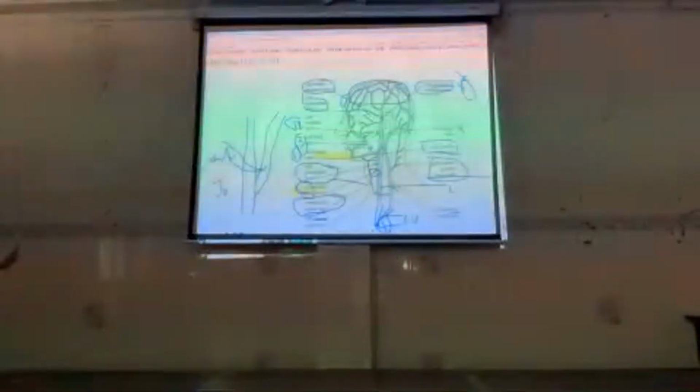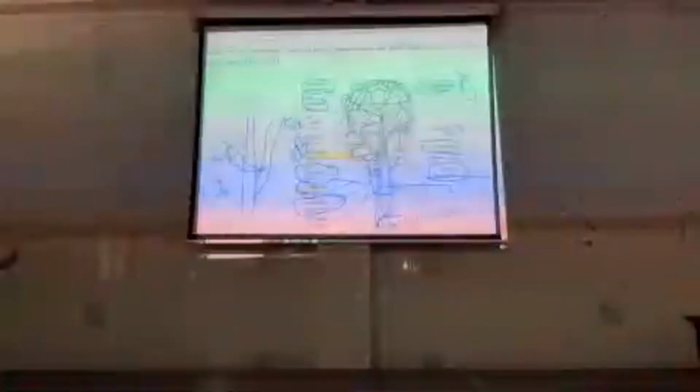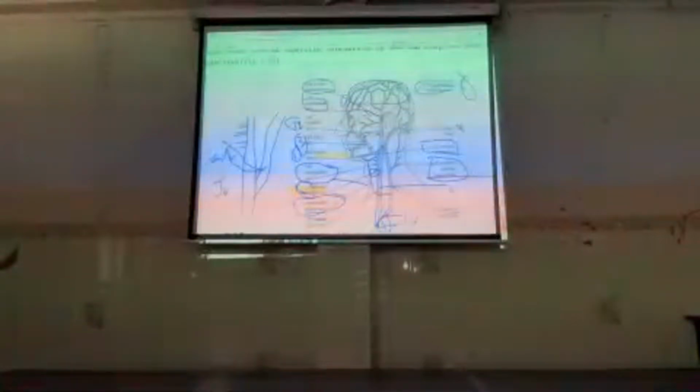From this internal jugular vein, we got the thyroid vein, the left pharyngeal vein, and the left lingual vein.